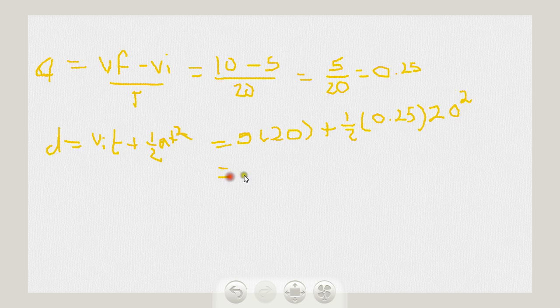So that's equal to 5 times 20, 100, plus, you can just use your calculator to do it, and you will see that this is 50. And that's of course equal to 150 meters. So we got the same answer.